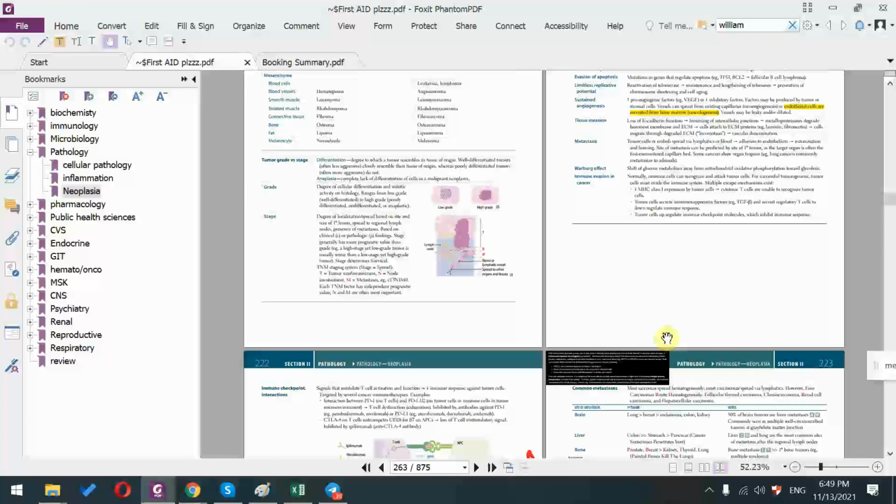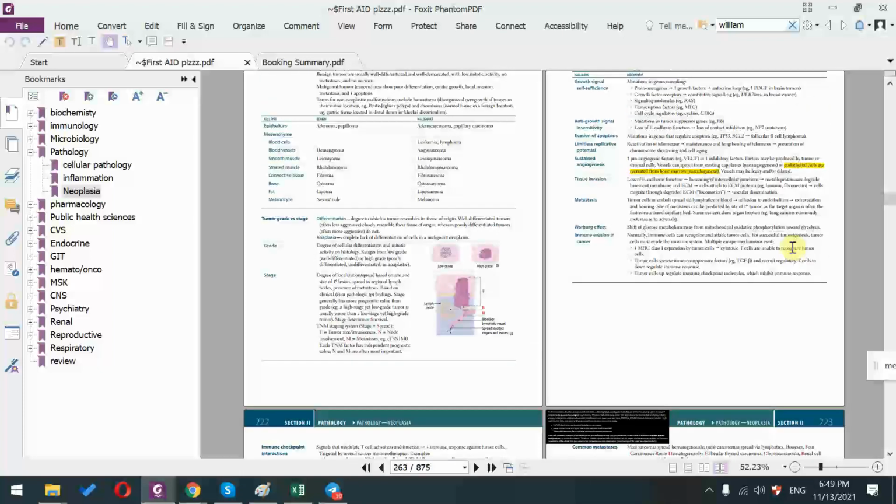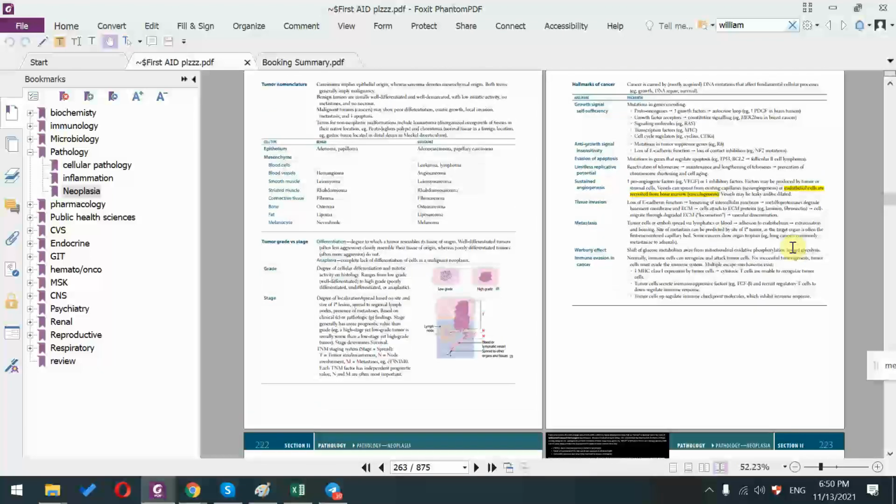Okay, you need to disrupt the E-cadherin to reduce the binding between the two epithelial cells. That's correct. And also you need the metalloprotease. Why the metalloprotease? To degrade the what? Basement membrane. Yep. Excellent. Okay.